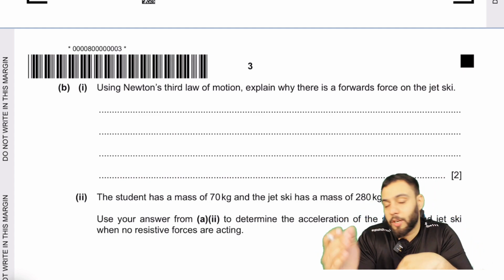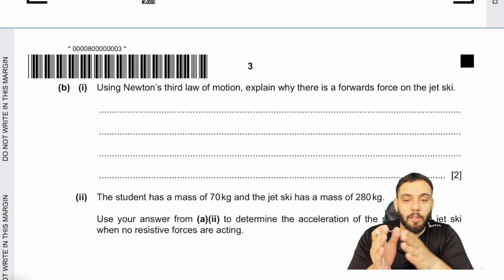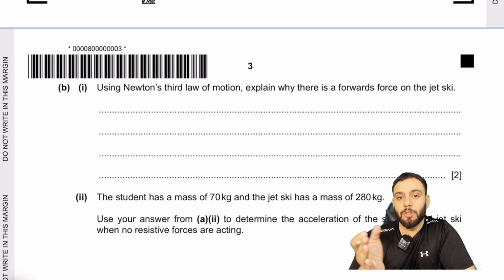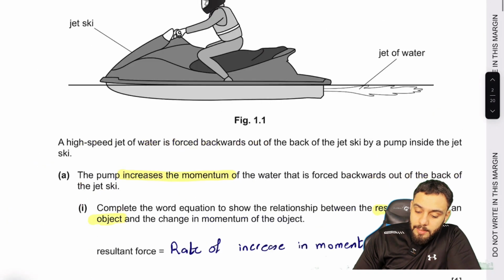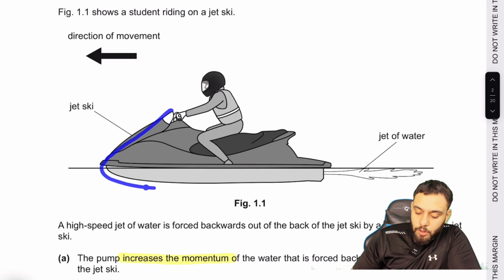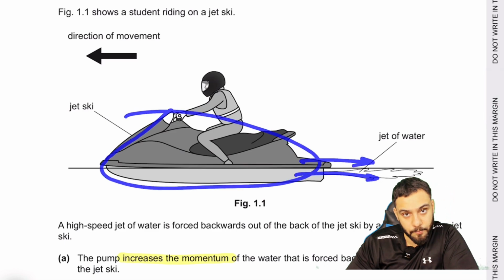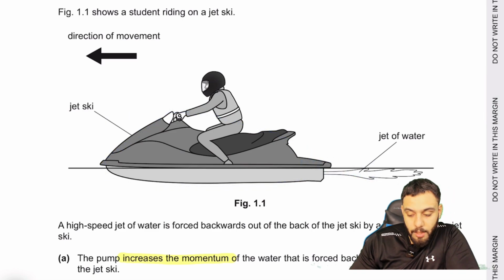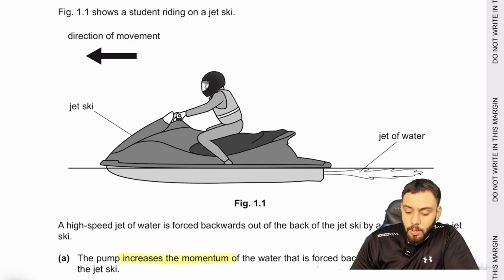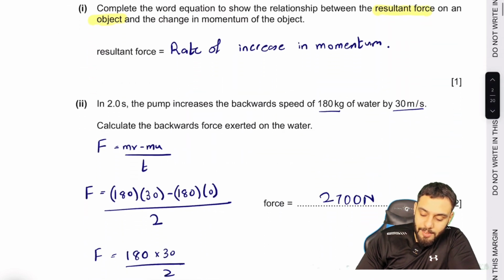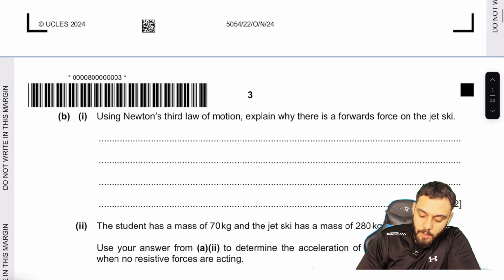So if there's a force on an object A, there would be an equal and opposite force exerted back on the object B. If I want to answer this, I can say that this jet ski is going to exert a force on the water. So according to Newton's third law, this water will exert a backward and opposite force on the jet ski as well. So my answer is going to be along these lines.